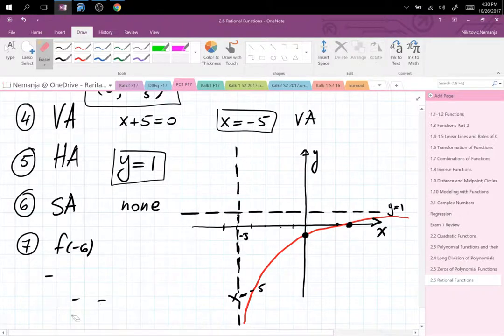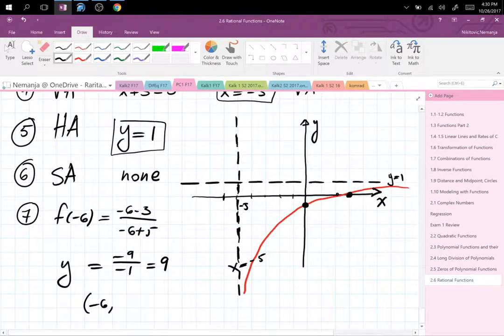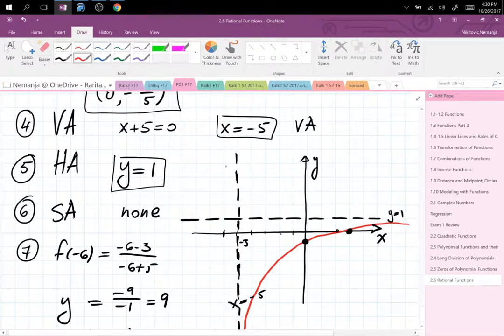I have no clue. All right. Oh, no, this was a previous problem. Okay, what was the function? x minus 3, x plus 5. Thank you. So that's -9 over -1. It's 9. So you see that y is 9. You have a point -6, 9. Well, that's definitely the piece in here.